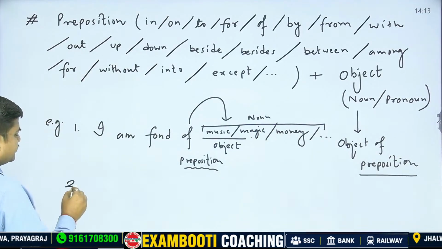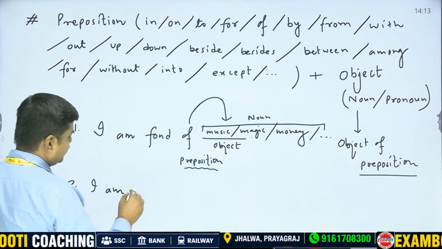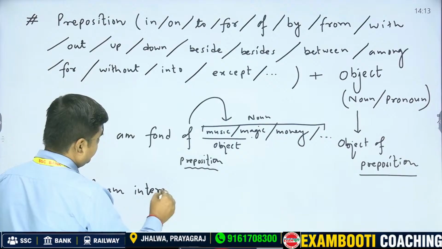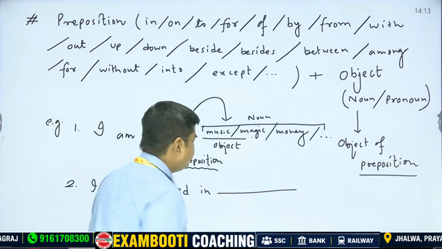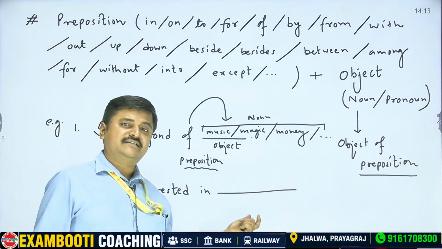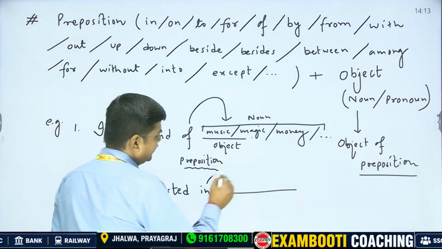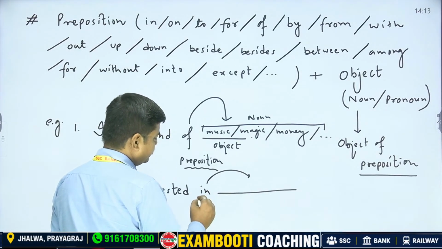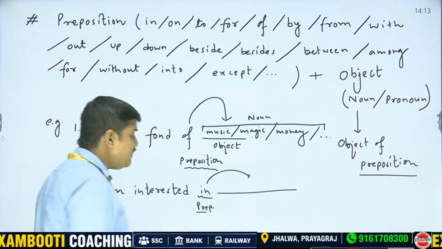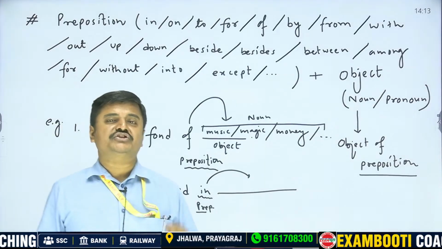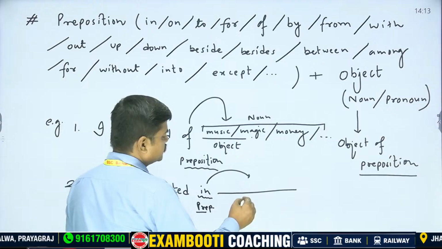Now take some more examples. If I say I am interested in, and now I have to fill some words in this blank. So we all know that in is a preposition, and if in is a preposition, it means that this place belongs to an object.